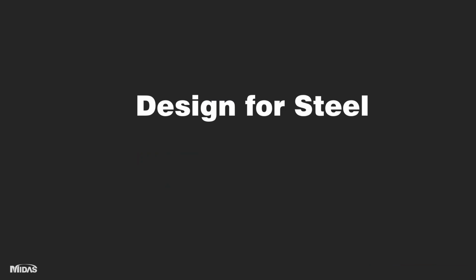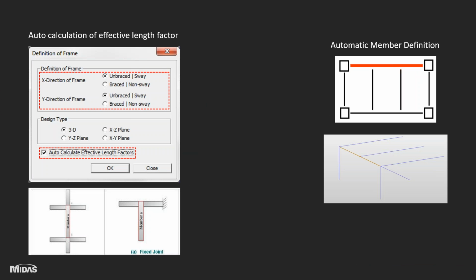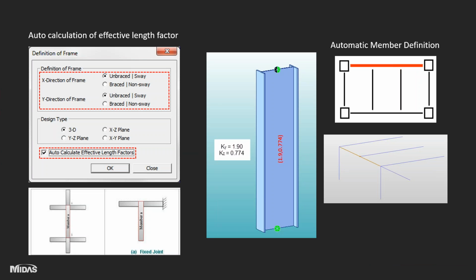Okay, and now we will move on to design for steel. Before getting started with the demonstration, in MIDAS Gen, the special feature is the auto calculation of effective length factor. In some other programs, when we design for steel, we need to input the effective length factor manually.